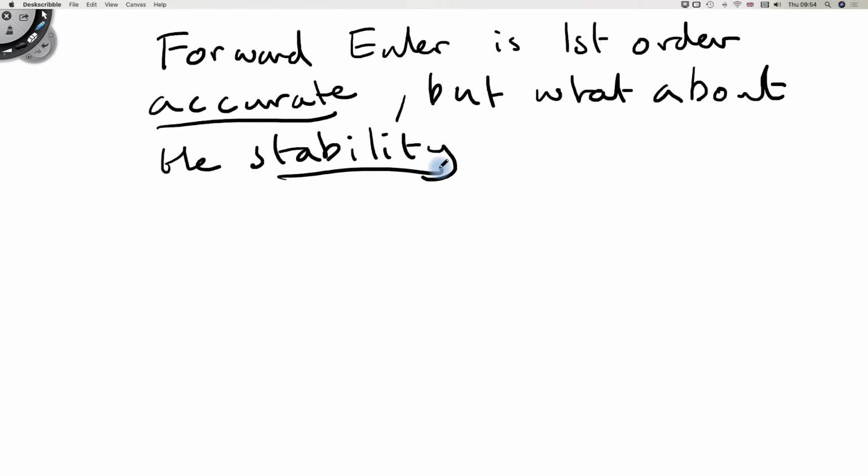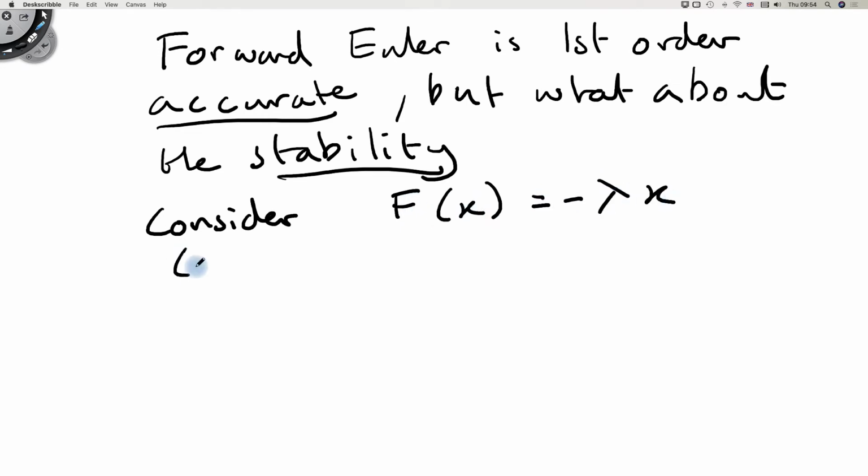Okay, so we're going to consider stability now. Stability only means something when you've got a true solution, and then it only means something in certain contexts. So we have to define a specific f, which is our exponential decay, which is what we talked about before. Remember, lambda is a positive constant.